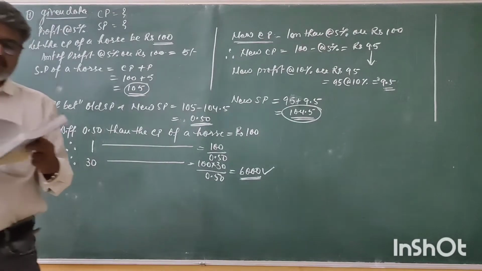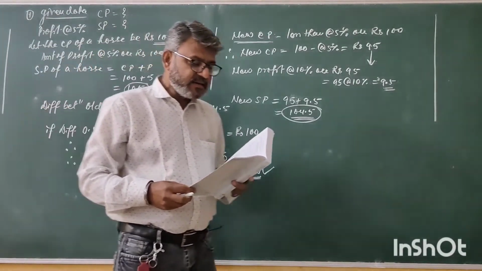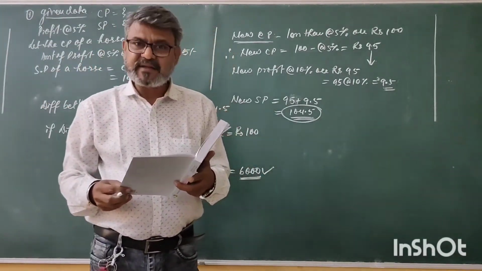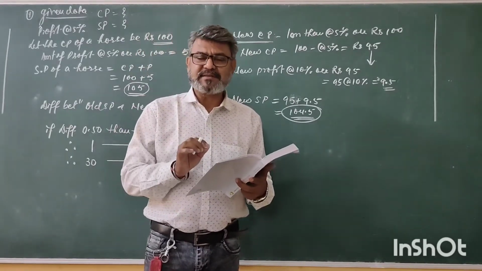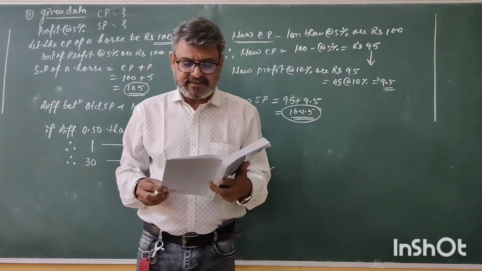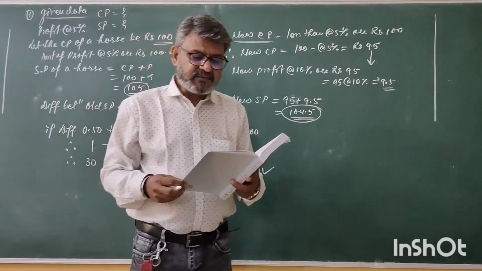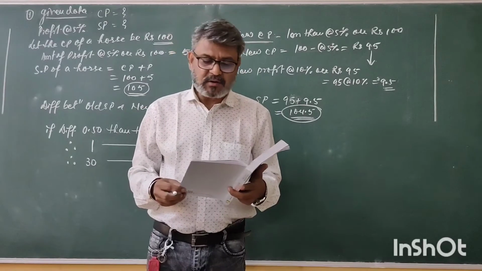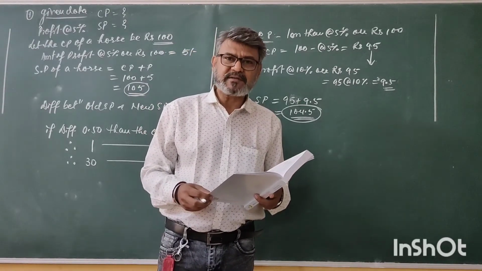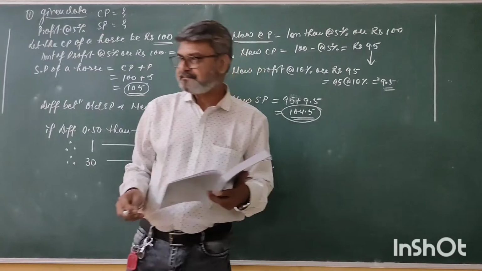Now the second question. A cycle is sold for rupees 150, that means selling price, at a profit of 25%. जिसमें profit कितना है? 25%. At what price should it be sold in order to have 50% profit? Clear?